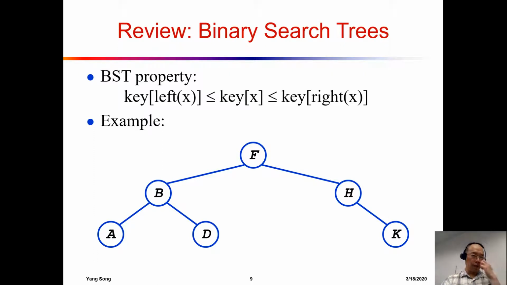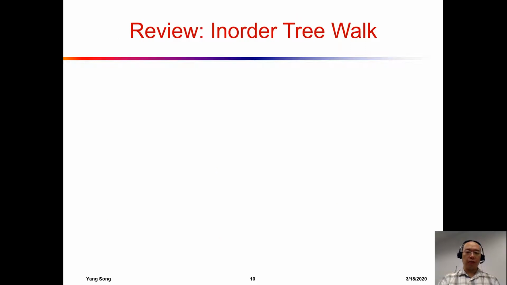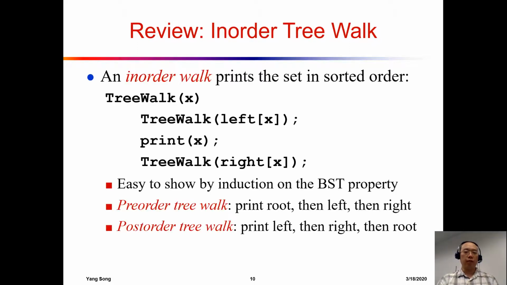And if you have an AVL tree or a red-black tree, which is what we are going to cover later, this property should also be true. After we have a binary search tree, one of the very cool things we can do is a tree walk, and we are going to focus on the in-order tree walk.